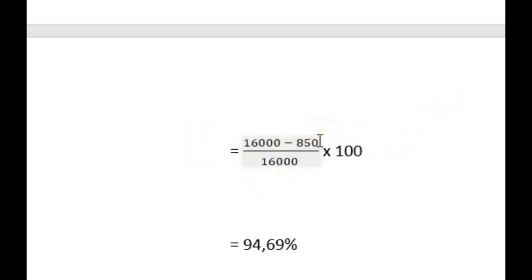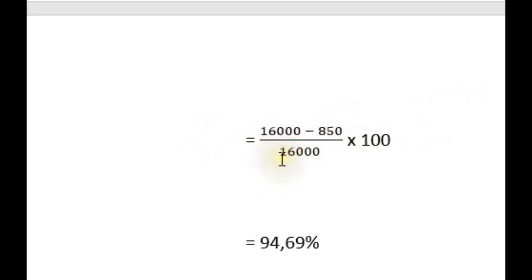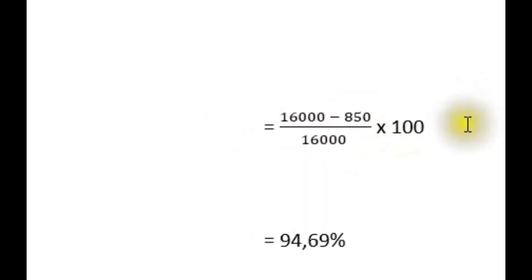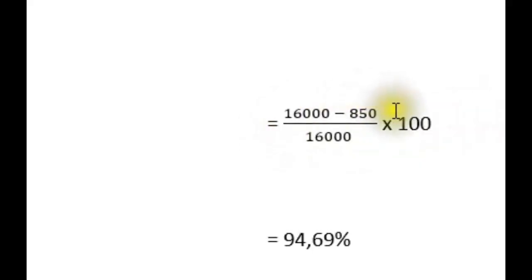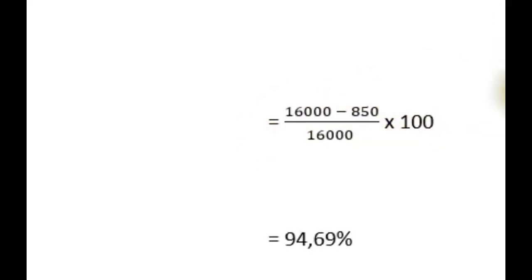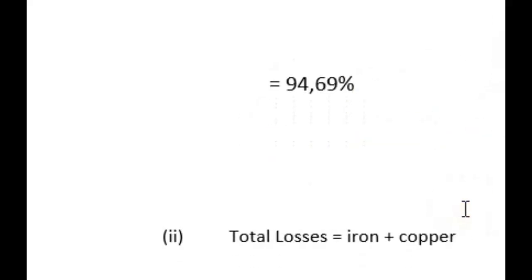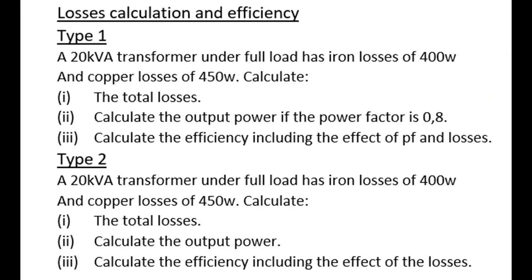Notice that the numerator will be smaller than the denominator, times 100, and that will give us an answer of 94.69%.